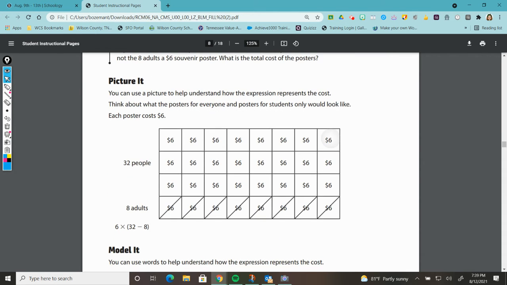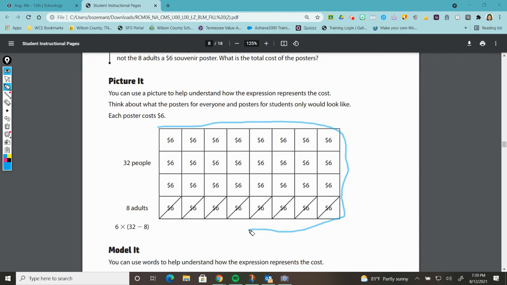The first way is to picture it. So what we want to pay attention to here is how many boxes do we have in all? So all of these boxes all together.